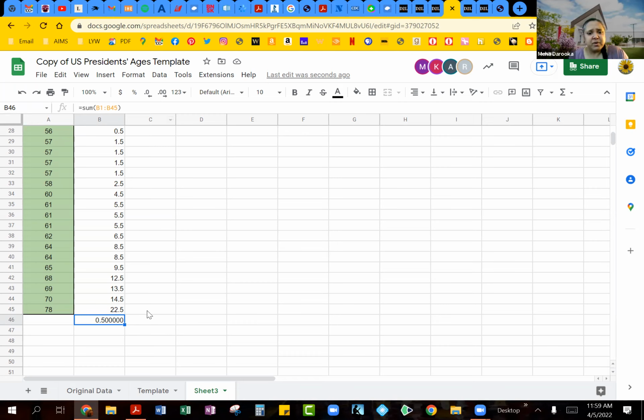Yeah, we're getting 0.5. That's interesting. A lot of times we are unable to do these calculations because your total will come out to be 0, because we're trying to find out what is the average distance that your data values are away from the mean. That's basically what standard deviation is.